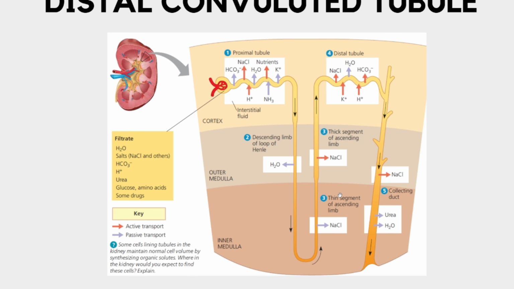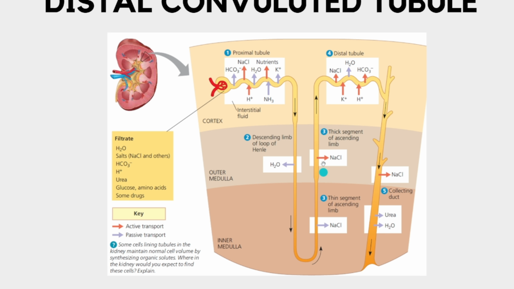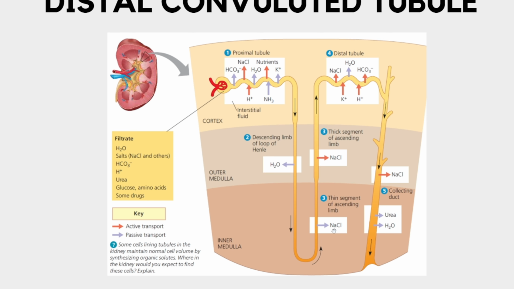Okay, so the ascending part forms two different parts. The first part is the thin part, and after that you will see the thicker part. Similarly, they absorb salt. They only absorb salt. They will not absorb water.